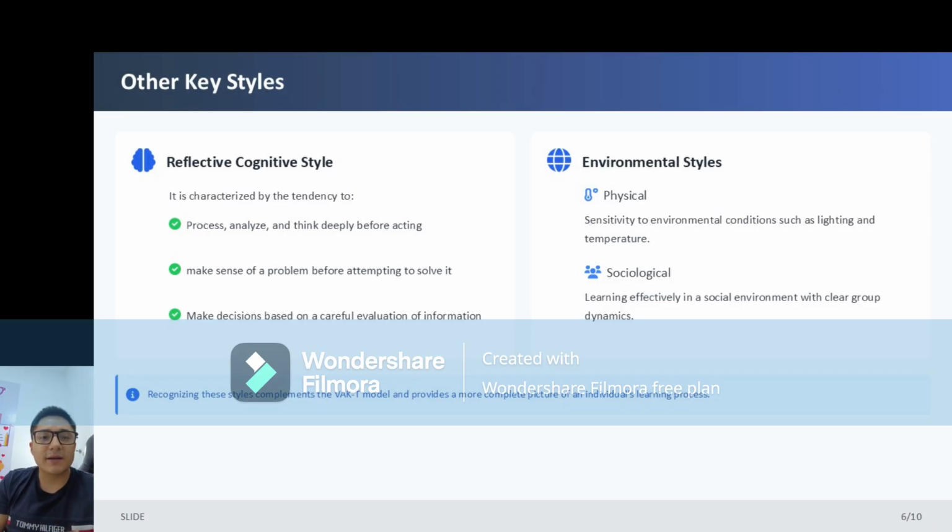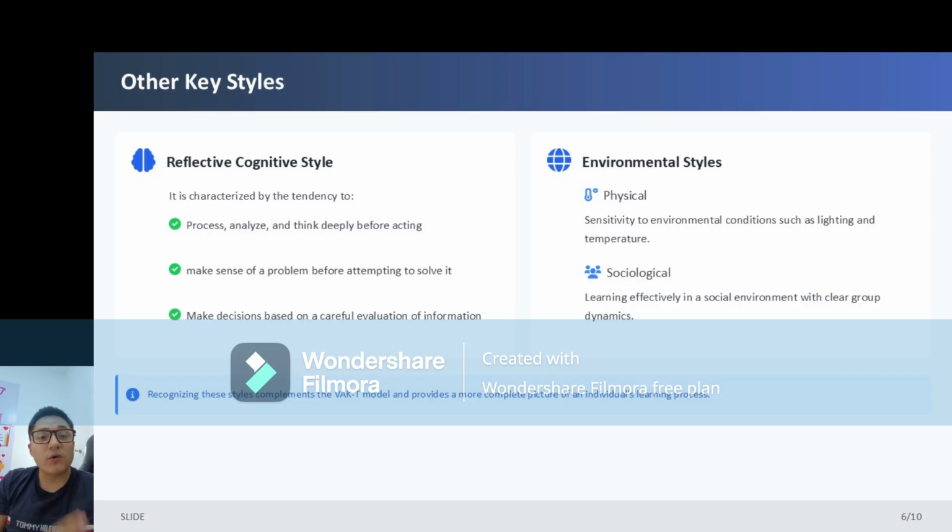Other key styles. Reflective style. This style is characterized by the tendency to process and analyze a problem before acting, making sense of a problem before attempting to solve it, and making decisions based on a careful evaluation of information. Environment style.